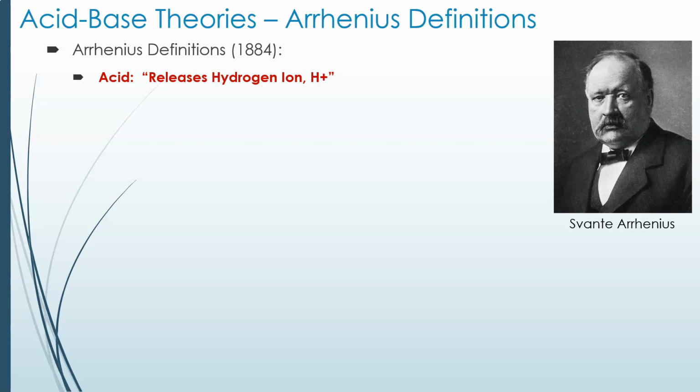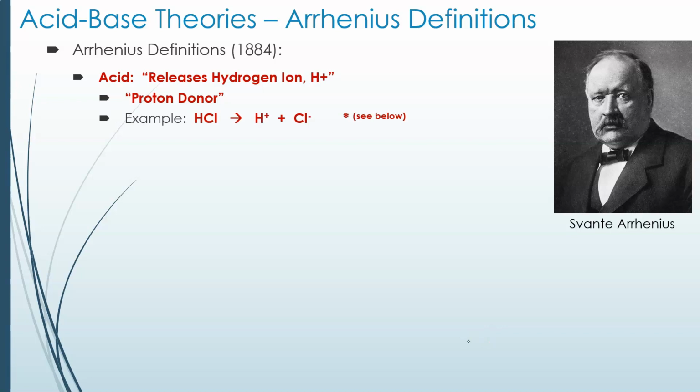Remember, an H+ ion is a hydrogen atom that has been stripped of its only electron, leaving behind the H+, which is really just a proton for most hydrogens. So another way to say this is that an acid is a proton donor. It's a proton releaser. We usually say the phrase proton donor, however.